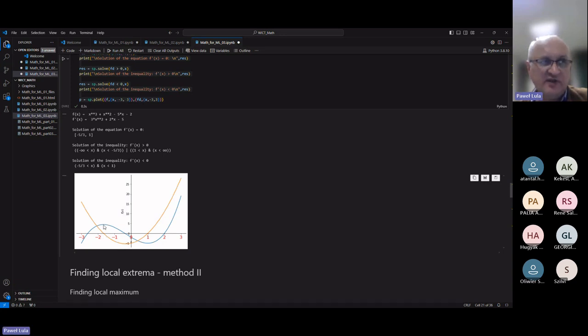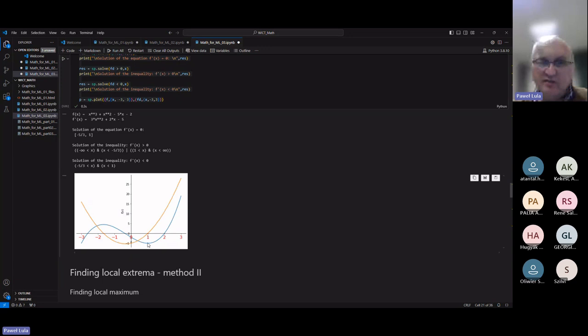It means that in this point, our blue function has its local maximum, and at the point equal to 1, the derivative changes its sign from negative to positive. It means that here our function has a local minimum.